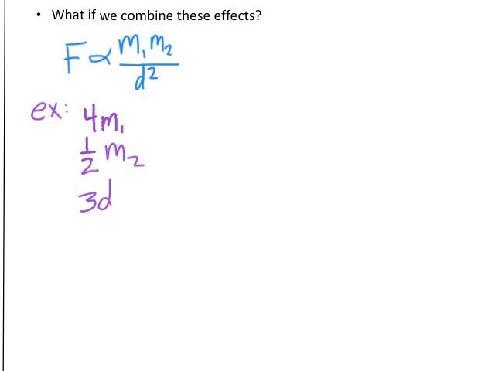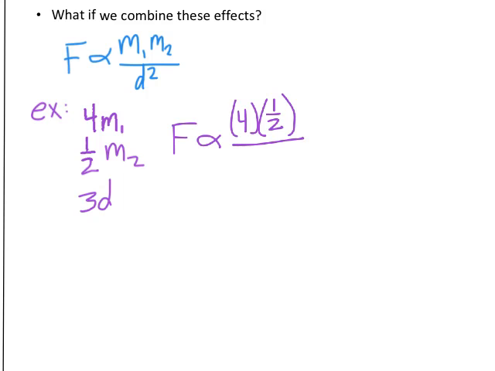For this next example, I'm going to quadruple my first mass, cut the second mass in half, and triple the distance between the two objects. So my force, the new force, would be proportional to 4 for the first mass. The second mass I changed by cutting it in half.